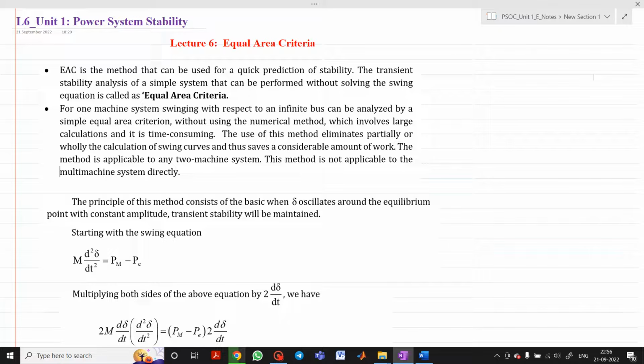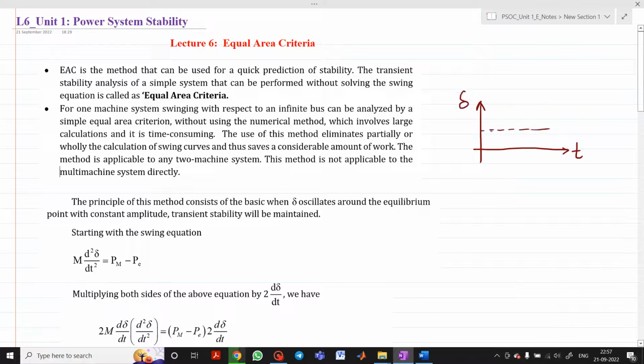Now during this state, two situations may occur for changes in the load angle delta with respect to time. If the load angle delta between two machines increases to a maximum value and then decreases, or in other words if it oscillates with a constant amplitude, then it is considered stable. Let me draw this diagram here. This is your time t. This will be load angle delta.